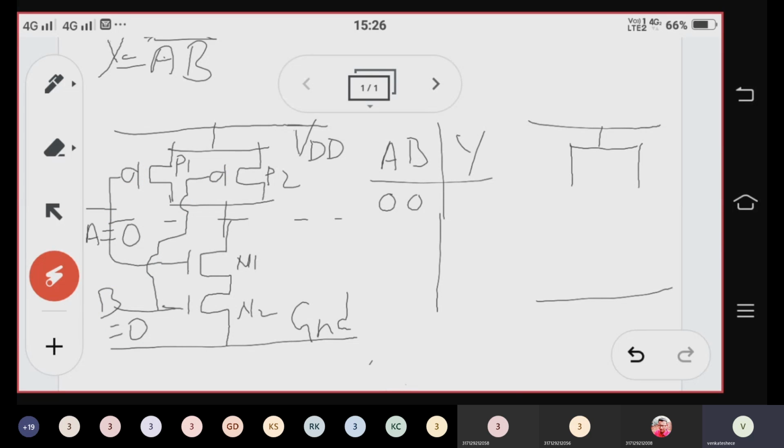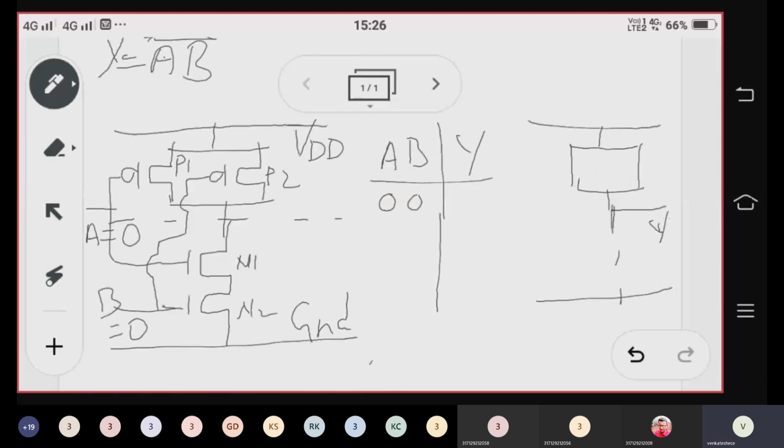Now P1 and P2 are in on condition. 0 is applied to N1 and 0 is applied to N2. Now N1 and N2 are in off condition. So these two are in on condition, and these two, N1 and N2, are in off condition. So I am taking the output in between pull-up and pull-down.